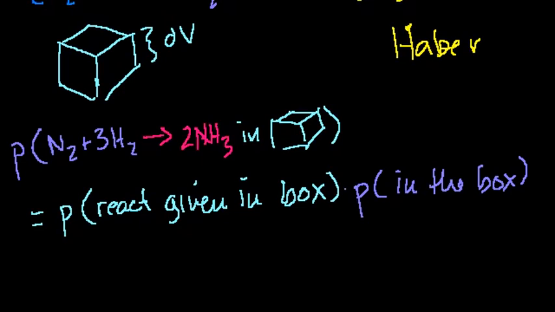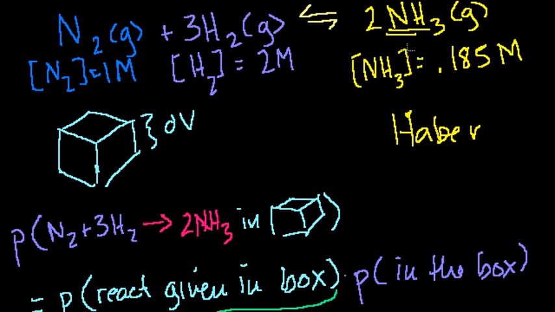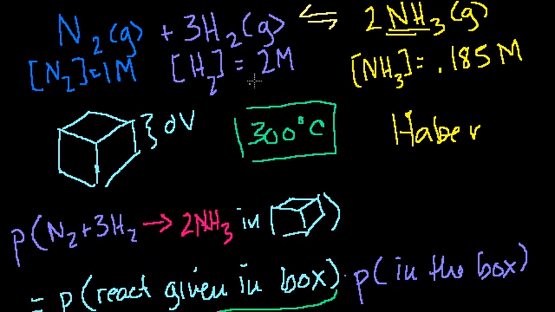Now, my claim is that this piece right here is a constant. At a certain temperature, for the Haber process, say this would happen at 300 degrees Celsius, I just looked that up, no need to memorize something like this, but equilibrium constants hold at a certain temperature.